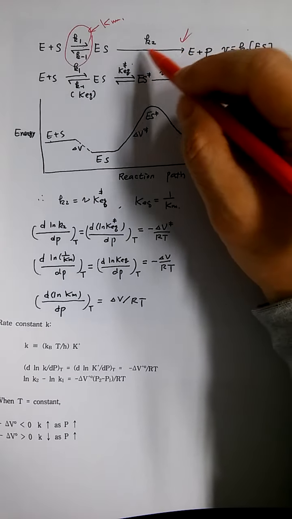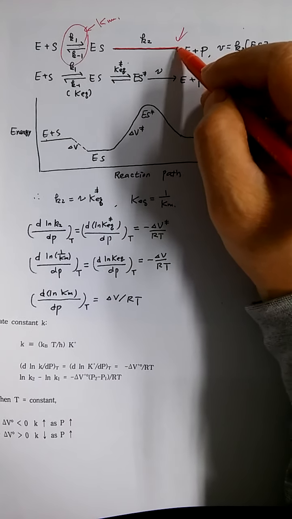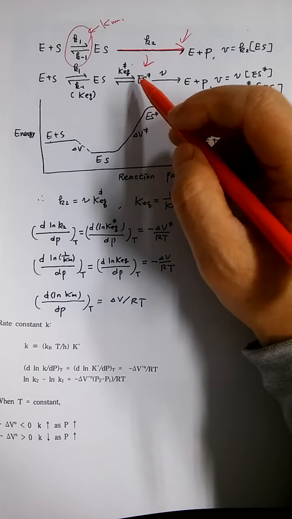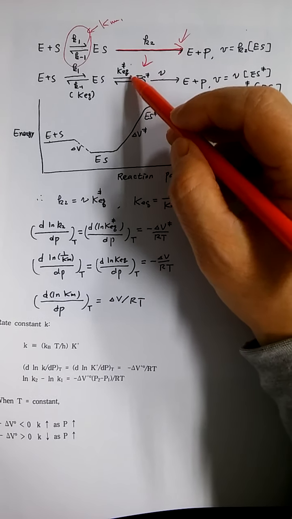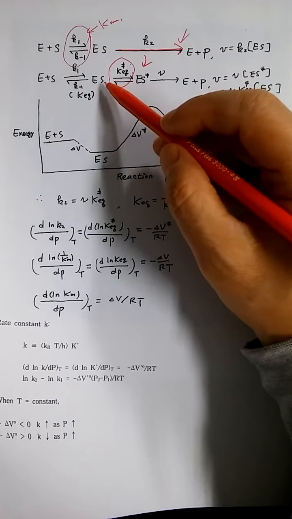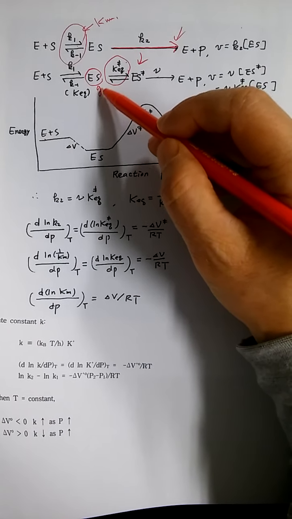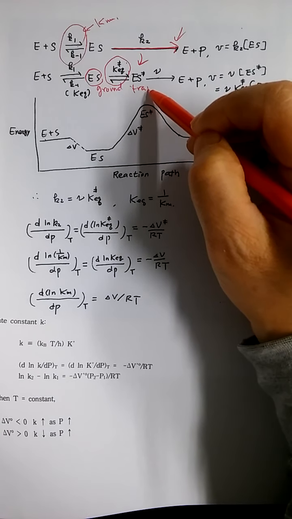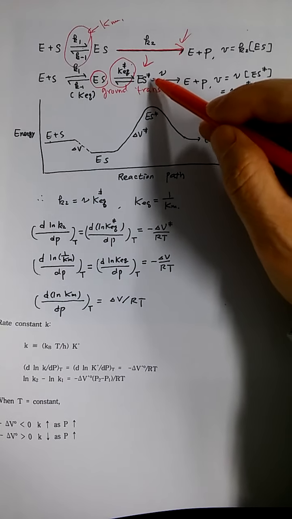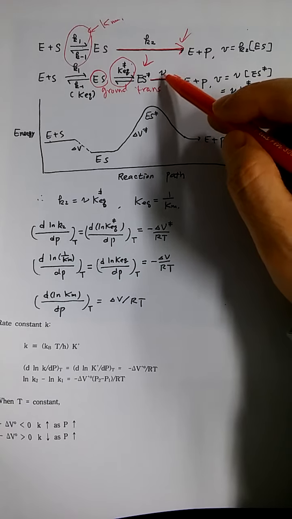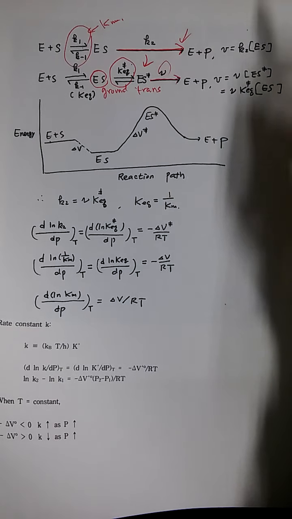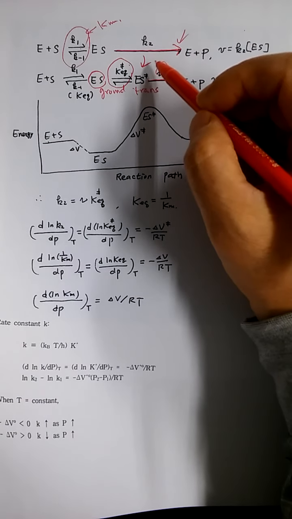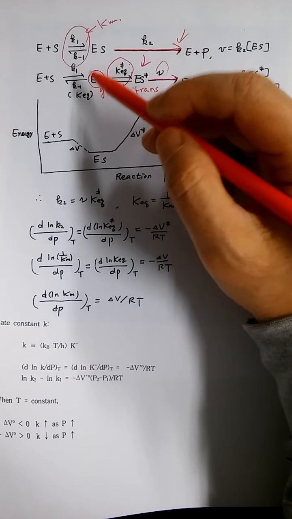If you write the irreversible step further into two steps, the first step is the equilibrium step between ES at ground state and ES at transition state, and then the new term.